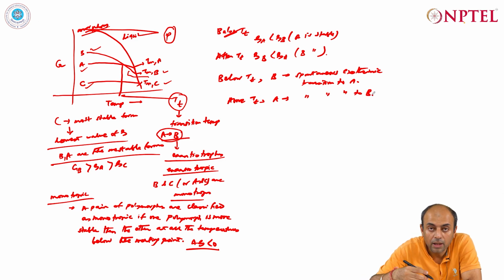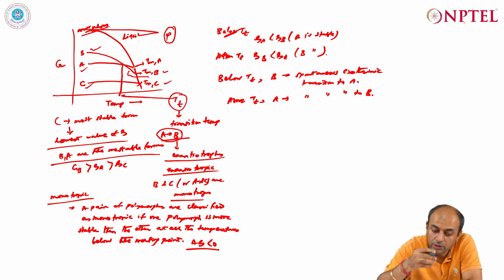Now, why is this a very thermodynamically feasible process? Because below the transition temperature, if you start with the B polymorph and keep it for some time, it is still the unstable phase. It is a metastable phase.